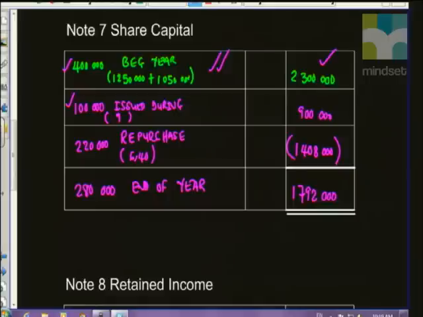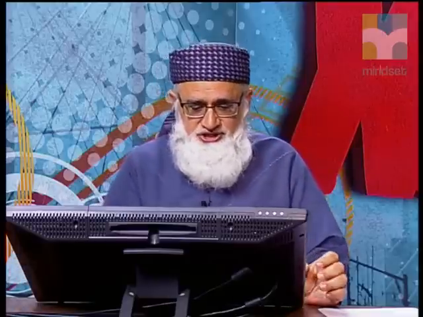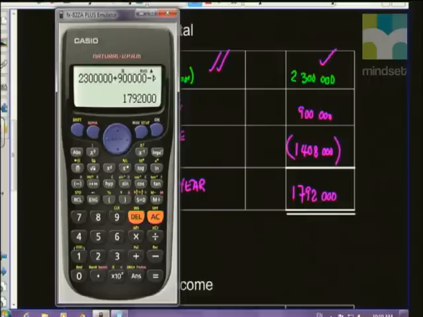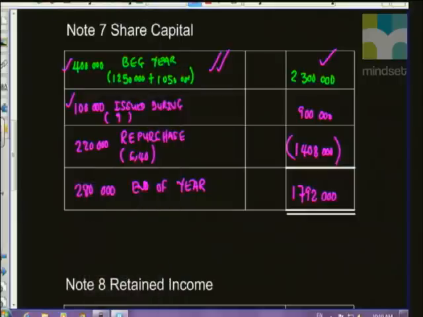And just one more thing, just to set your minds at ease. Let's just do another extra calculation here. Watch this. 1,792,000 divided by the 280,000 shares which are left over, and it gives you a value of 6 rand 40. Voila, showing you that this would be the average price, because that's what's remaining.